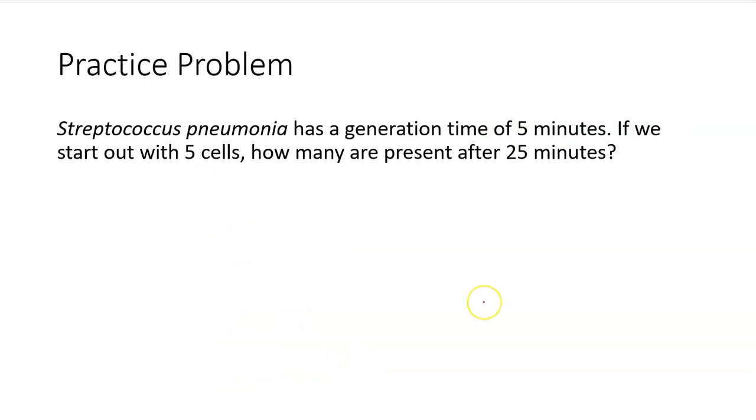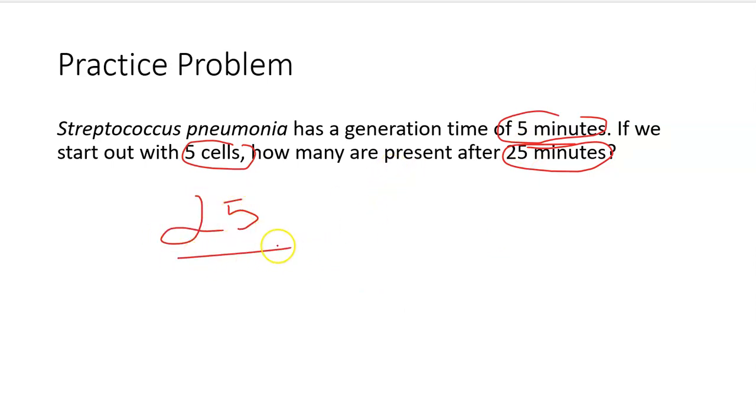And then for this one, we look at Streptococcus pneumoniae has a generation time of 5 minutes. If we start out with 5 cells, how many will be present after 25 minutes? So we need to take the total time, which is 25 minutes, and we need to divide that by the generation time, which is 5 minutes. And that is going to give us 5.